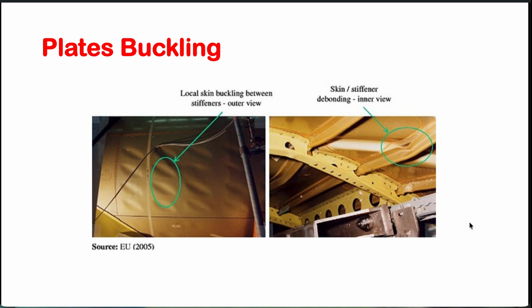Plate buckling in general is a very important phenomenon that engineers, mechanical and aerospace engineers, need to be aware of and need to bring into their design and analysis when designing any material. You can see examples of plates that have been buckled due to different types of forces, and these two examples right here are examples of buckling failure.